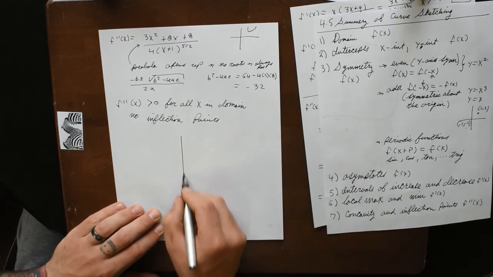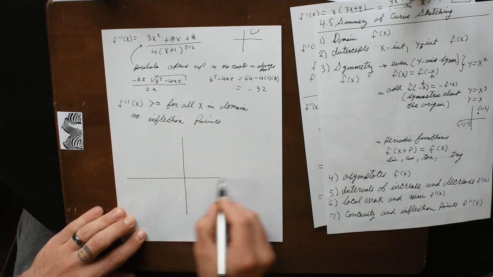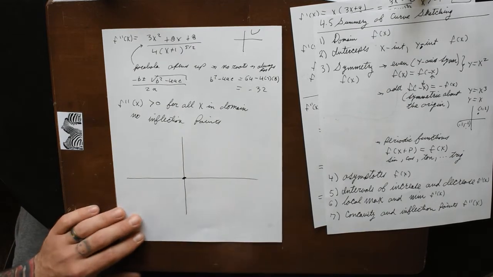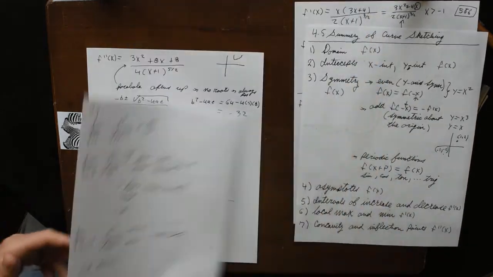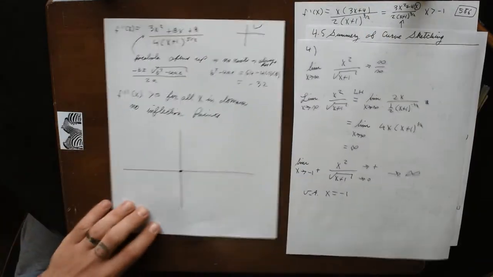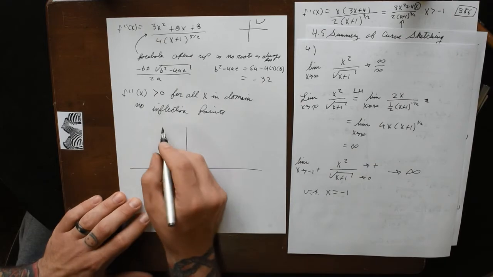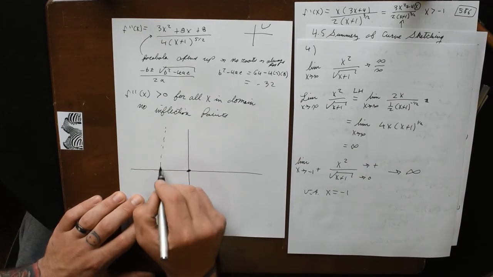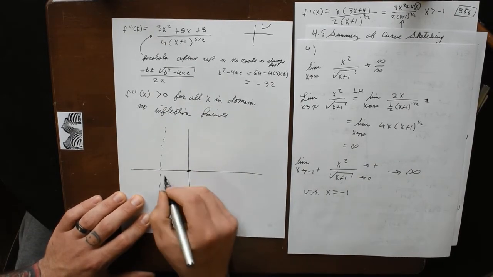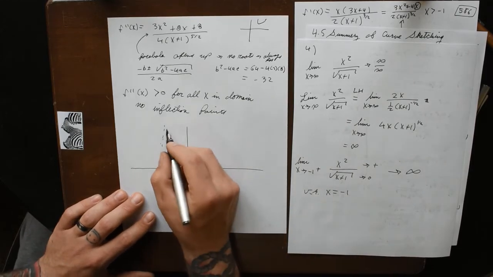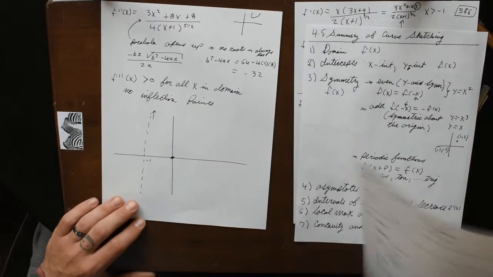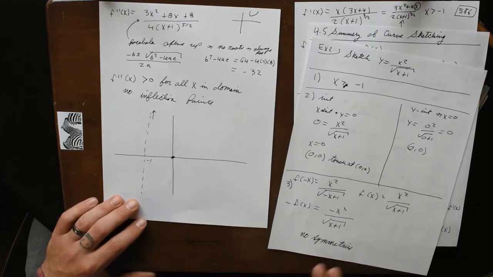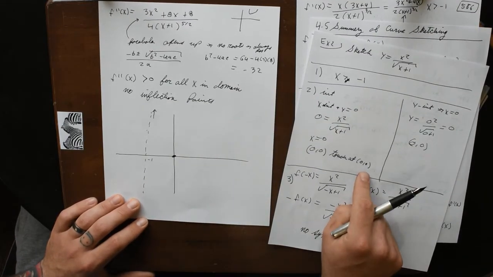So, putting all this in a graph, we know we're going through the point 0, 0, and let me find all my pages real quick. We know we have this vertical asymptote at x is equal to -1. And we know that we go up to positive infinity. What else do we know? We know that we go through 0, 0.